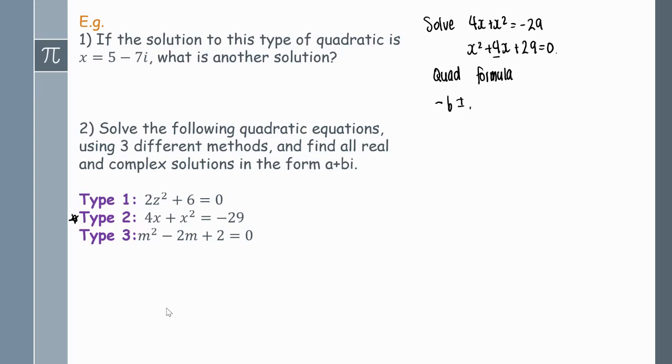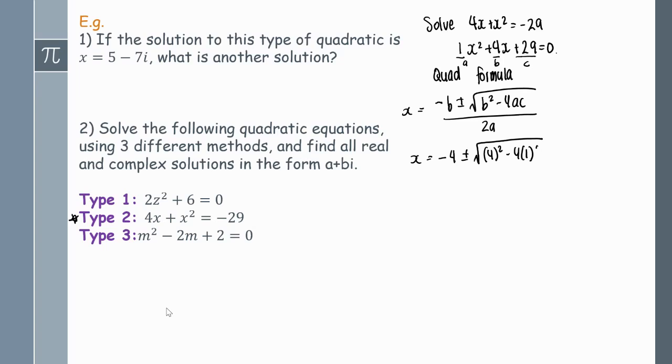Identify your a, b, and c, and then you'll notice minus b would be negative 4. b squared would just be 4 squared. 4ac would be 4, where a is 1 and c is 29, all over 2a, where a is just 1.